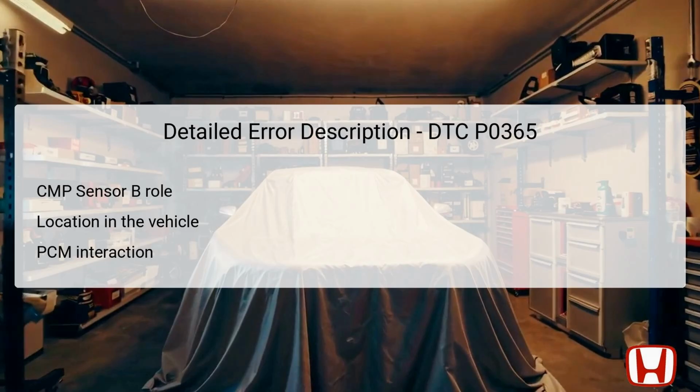The PCM is responsible for managing engine functions and optimizing performance. When it receives a signal from the CMP sensor B, it uses the data to adjust ignition timing and fuel injection. If the sensor fails to send a signal, it can lead to poor engine running conditions or even a no-start situation. Therefore, ensuring the CMP sensor B is functional is essential in preventing operational issues in the Honda Accord.